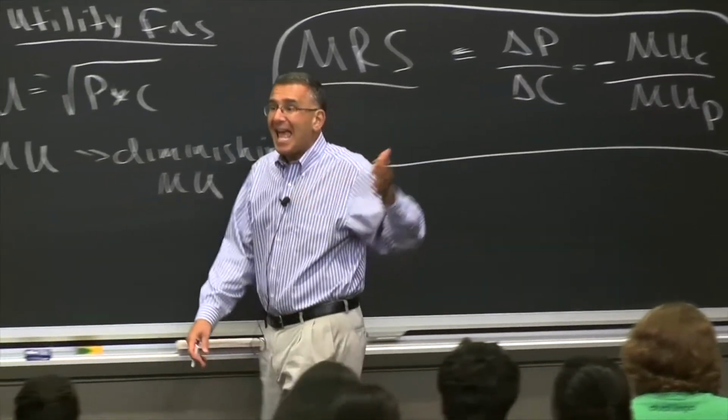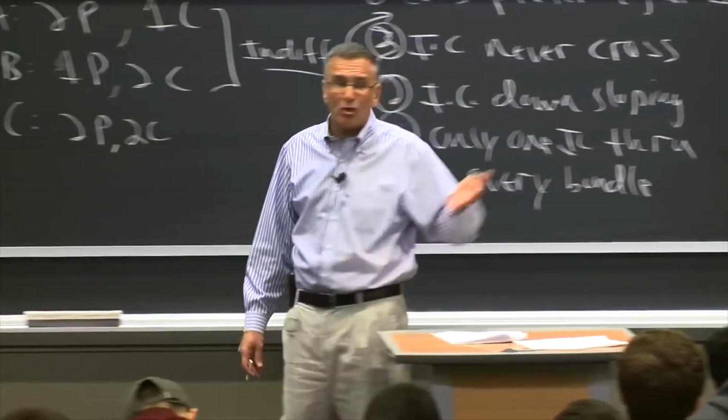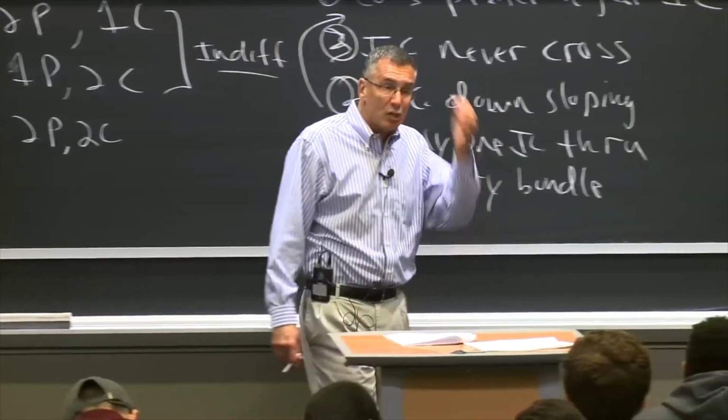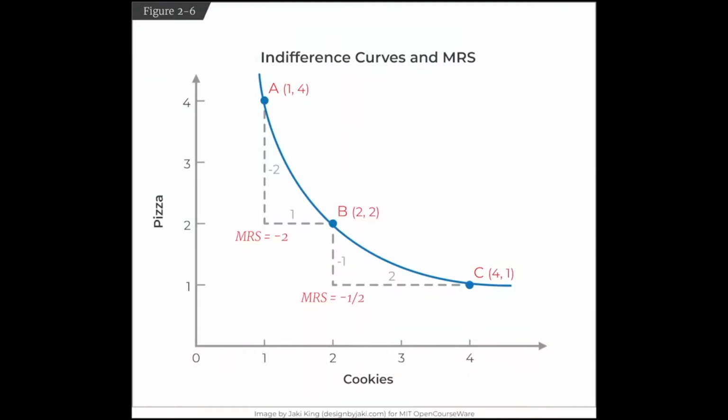So essentially, as you move along that indifference curve, diminishing marginal utility leads to a diminishing marginal rate of substitution. Basically, as you move along the indifference curve, you're more and more willing to give up the good on the x-axis to get the good on the y-axis.